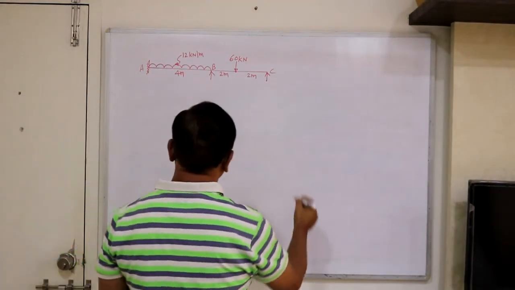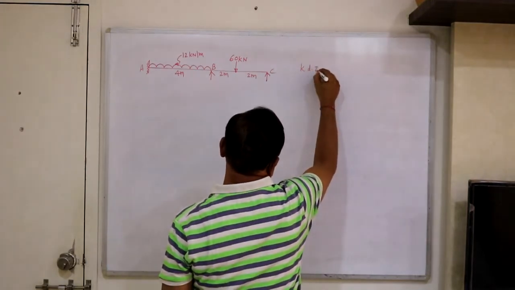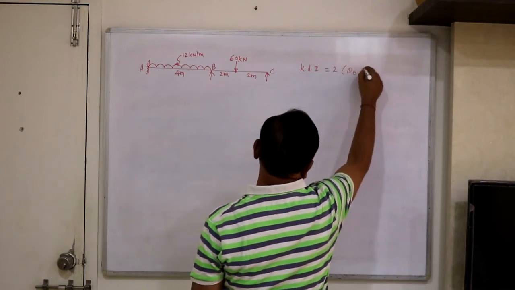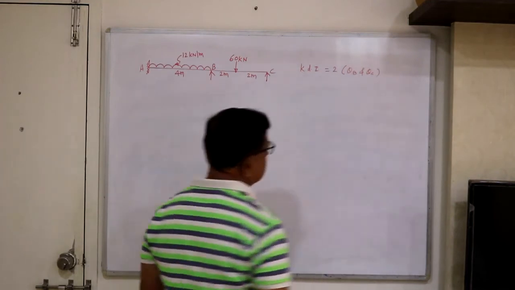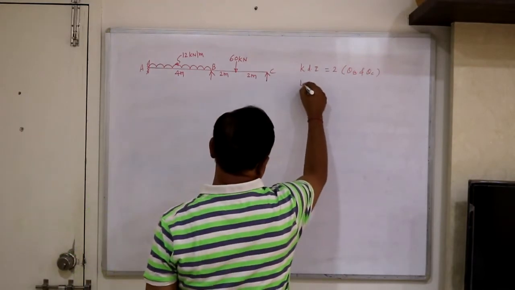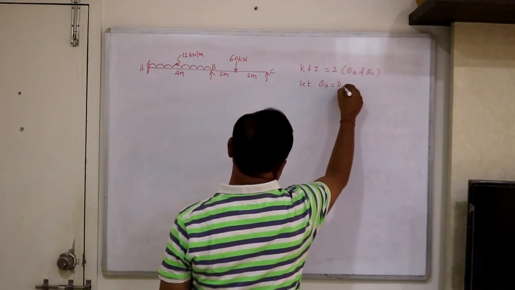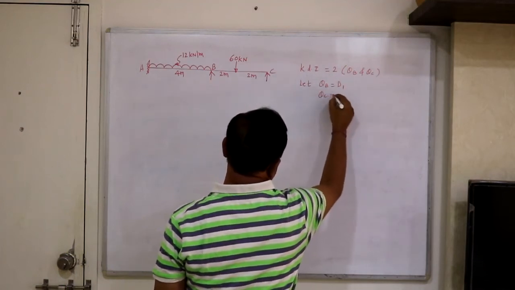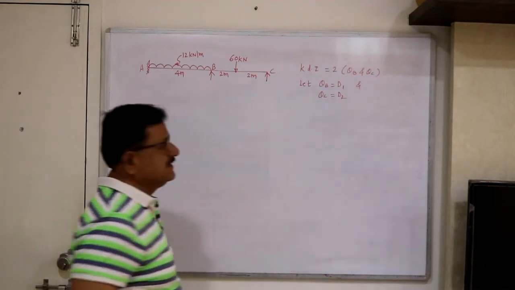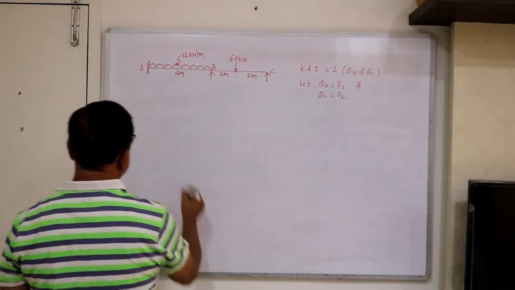Now here, first find out the kinematic degree of indeterminacy, or we can locate the unknowns. Here it is 2, theta B and theta C. So let theta B equal to D1 and theta C equal to D2.